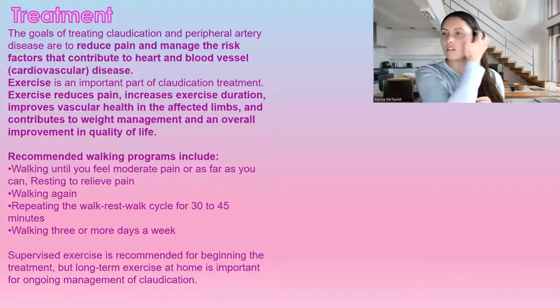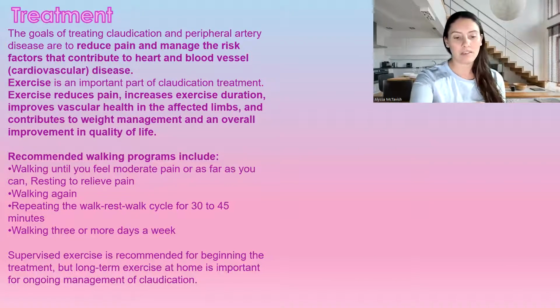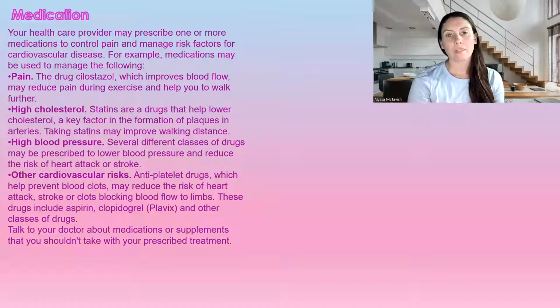And then they also have ways of opening up the arteries for treatment. So there are surgical methods also. Now, medication. A lot of times they will put you on medication to prevent further complications, right?